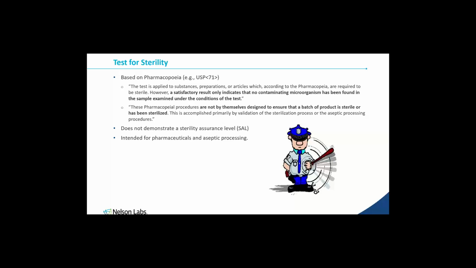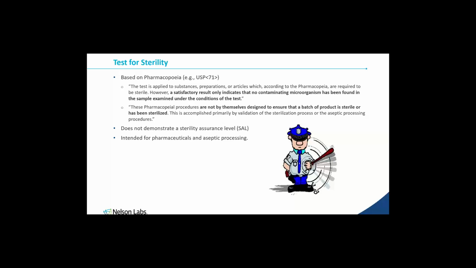This doesn't demonstrate a sterility assurance level, and it's intended specifically for pharmaceuticals and aseptic processing. It's noted within the USP that this is not intended or designed to ensure a batch of product is sterile. That's part of the validation that you're doing. The test for sterility is not designed to ensure that a batch of product is sterile or has been sterilized properly.